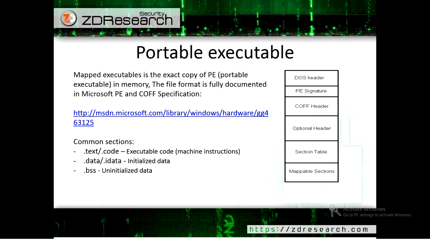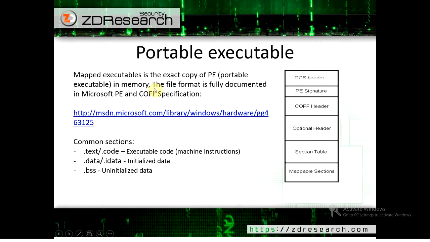And in the previous slide, I mentioned the mapped executable. A mapped executable is the exact copy of the portable executable, PE, in memory. PE is a file format that Microsoft uses for executables in the Windows operating system.